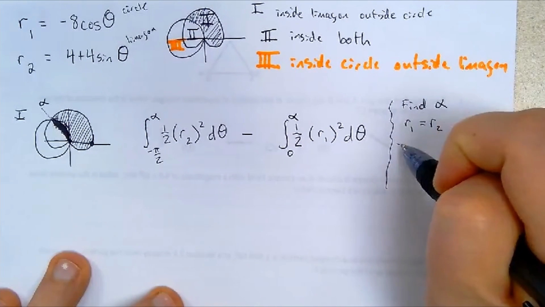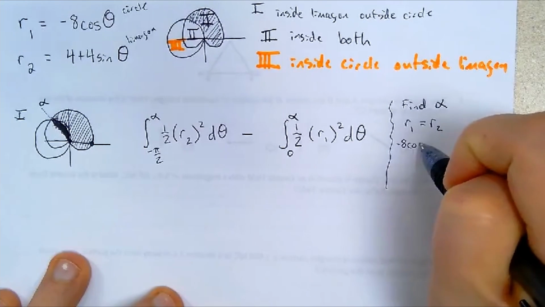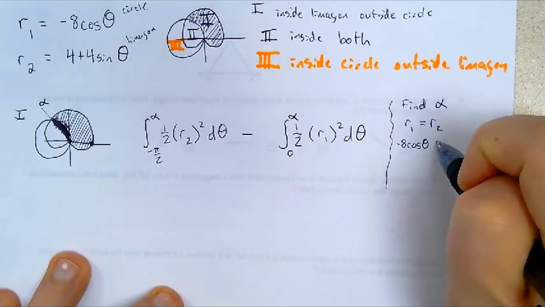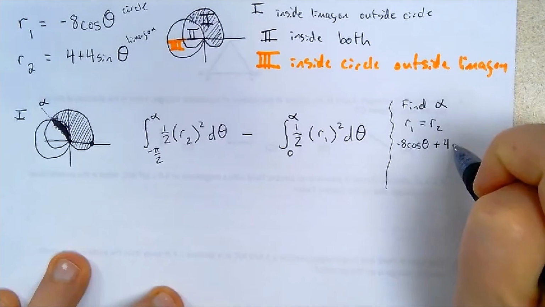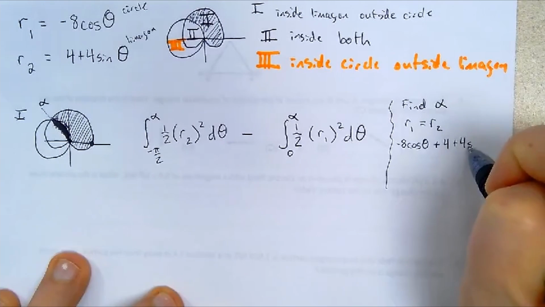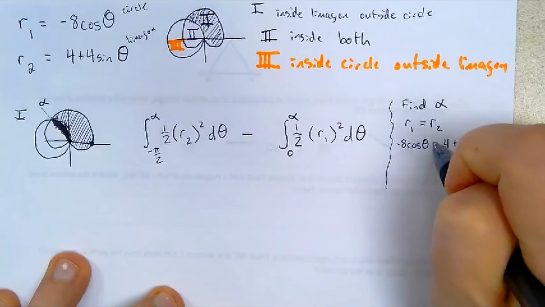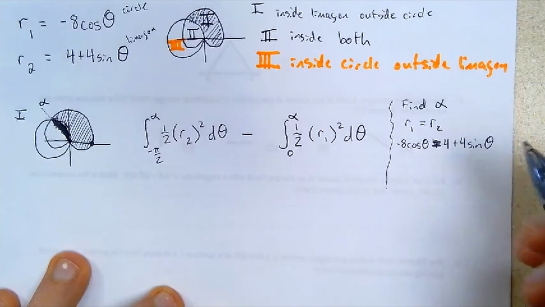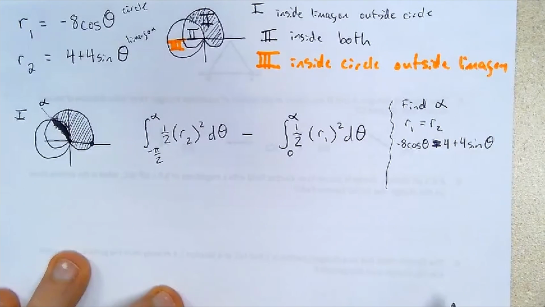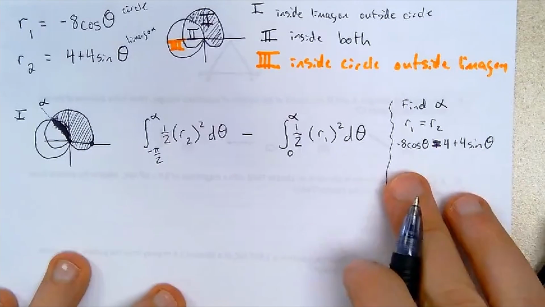Sometimes this can be done by hand, and sometimes we need to rely on a calculator. Oops, there should be an equal symbol. This one doesn't look particularly pleasing to the idea of solving by hand.